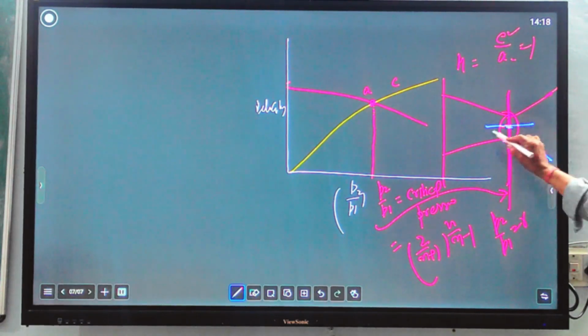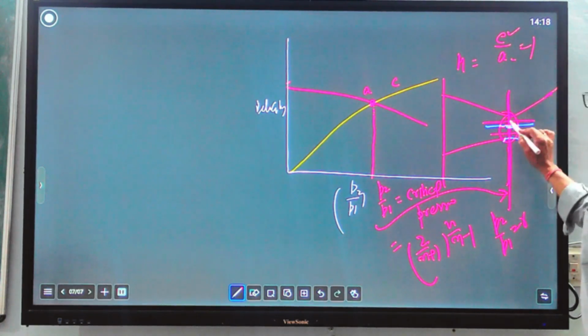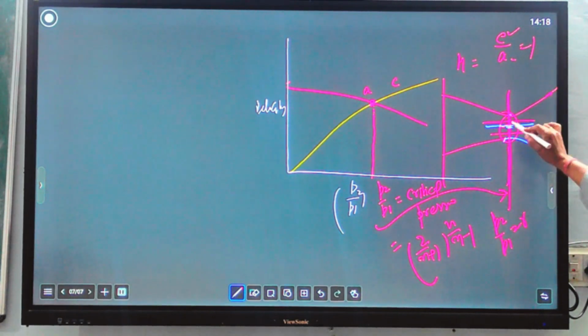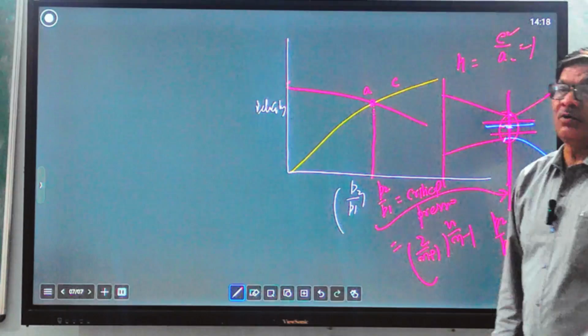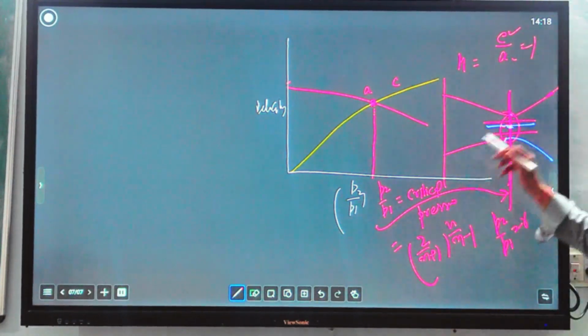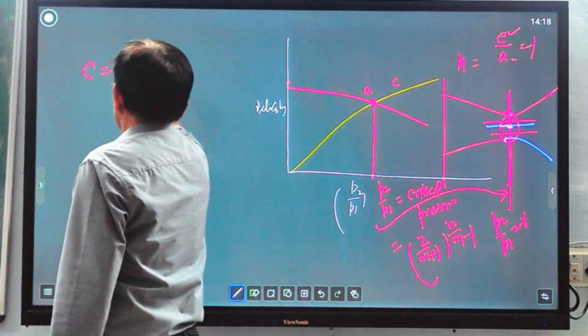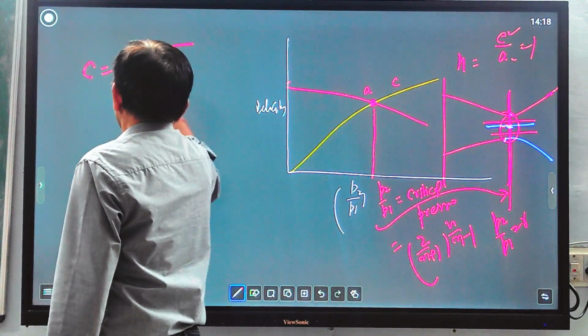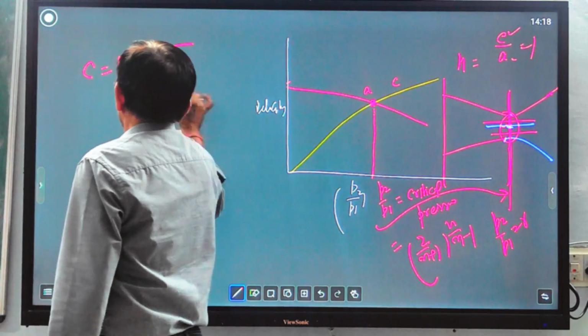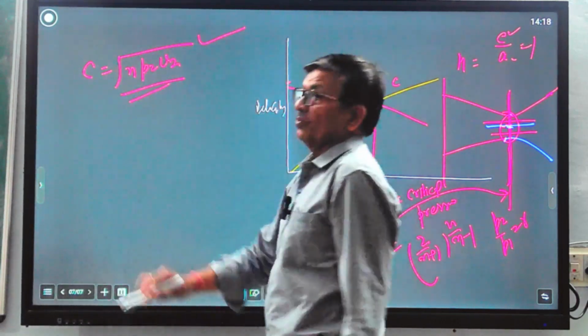So maximum mass flow rate will take place at this throat condition, and the steam velocity will become the velocity of the sound. So C will become under root n P2 V2, and this is known as the velocity of sound.